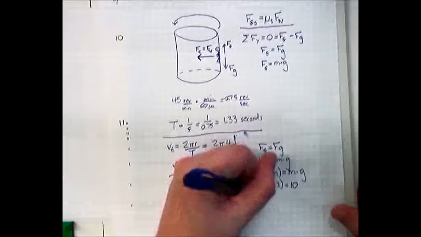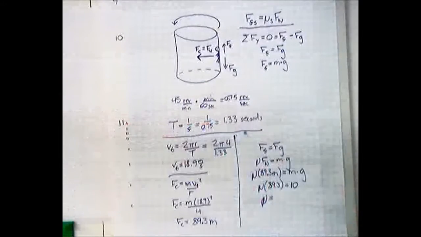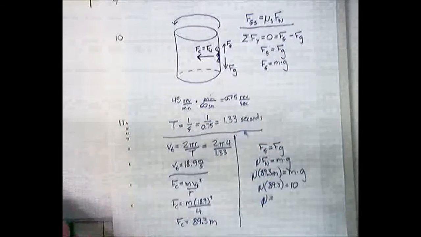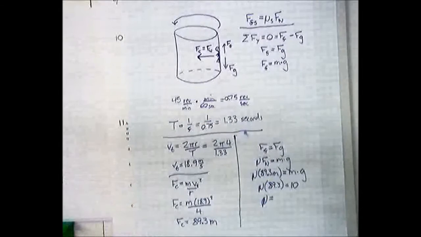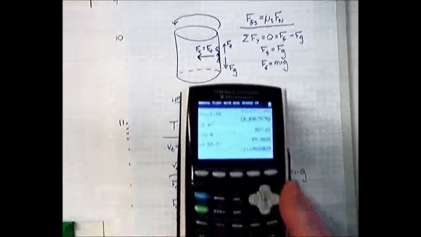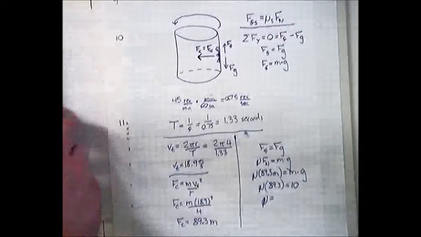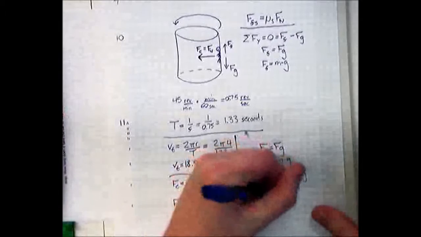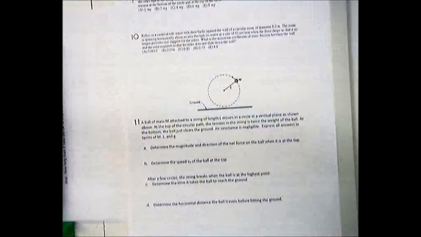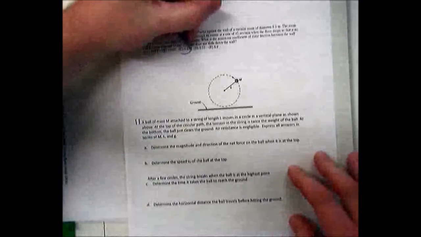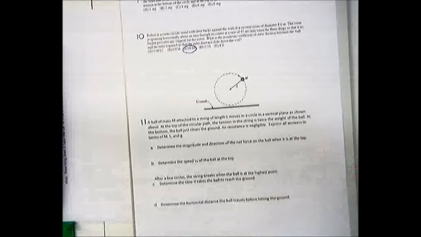Then you would just do 10 over 89.3, and you get 0.1119, and we'll just leave that as 0.11. You compare that to your answer choices, and look at that right here, 0.11. So that's your correct answer for this one. Cool? Alright, there you go. That's number 10.